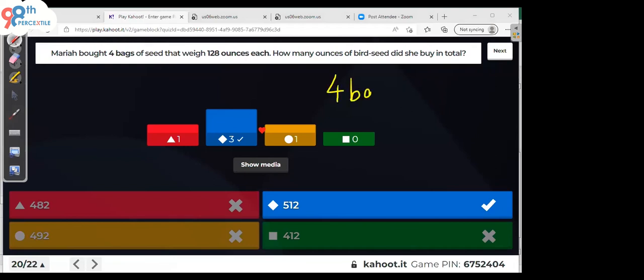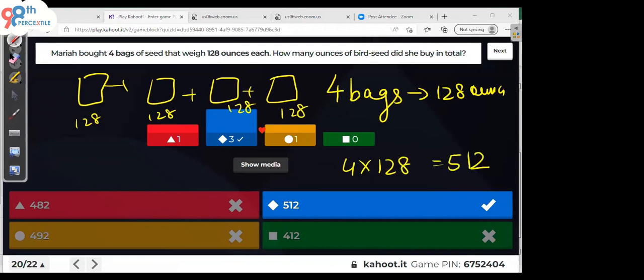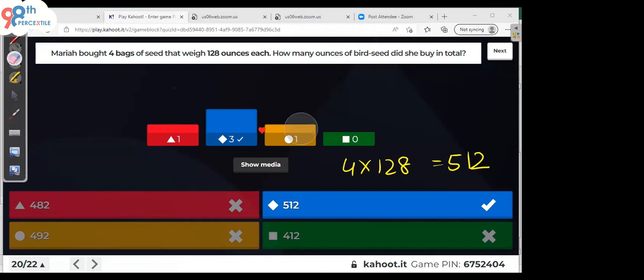There were 4 bags: bag 1, bag 2, bag 3, and bag 4. Each was 128, 128, 128, and 128. So we could have added this 4 times, or we could have done 4 times 128, which would have given us 512. So each bag being 128 means you have to multiply it with 4.